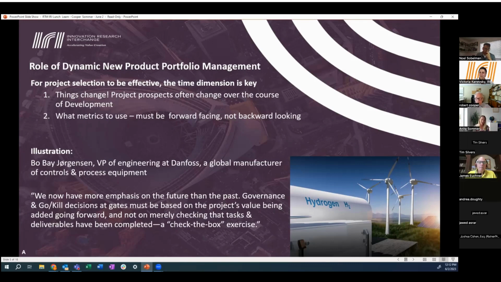A good friend of ours, Anita, who is the VP of Engineering at Danfoss, also changed their way of working, improving their stage gate model and getting agile into their model, but also at the portfolio level now, making sure that they have governance around the go/kill decisions, making sure that they focus on value instead of process, the classic iron triangle of the project, and making sure they understand the value of the project all the way through. All right, so next slide, please.